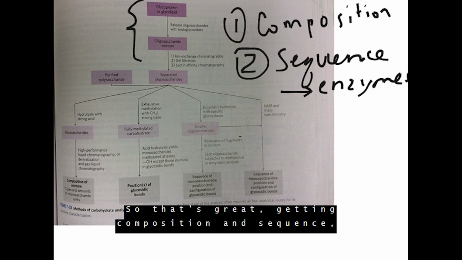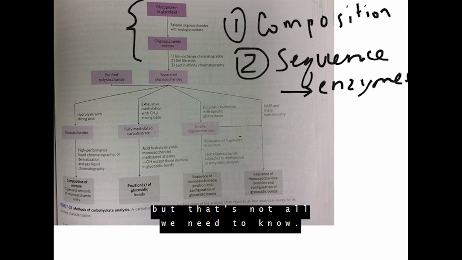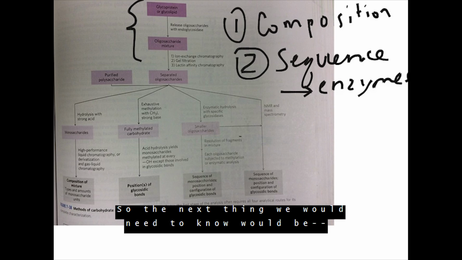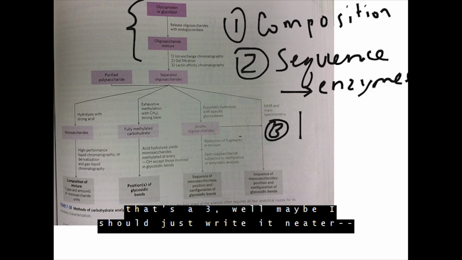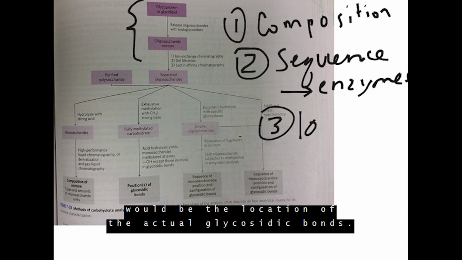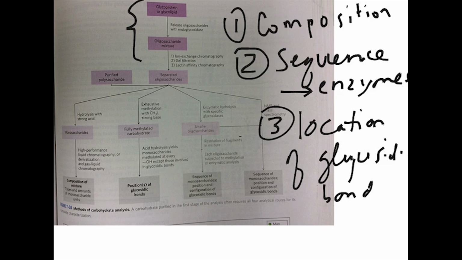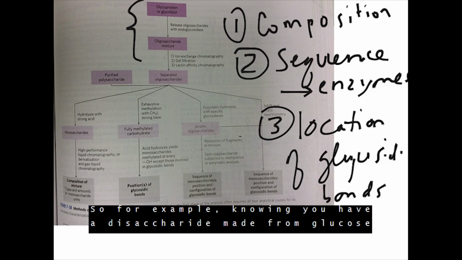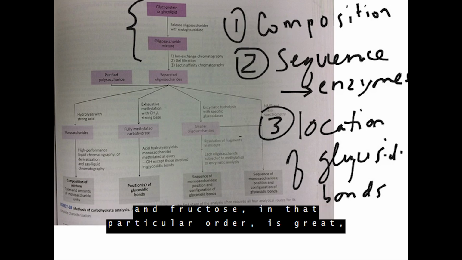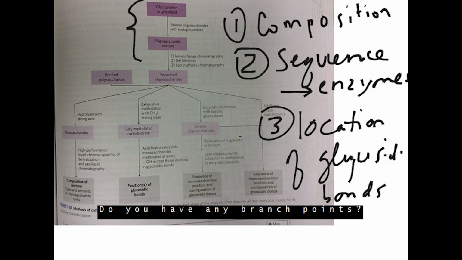So that's great, getting composition and sequence, but that's not all we need to know. The next thing we would need to know would be the location of the actual glycosidic bonds. So for example, knowing you have a disaccharide made from glucose and fructose in that particular order is great. But you also need to know which carbons are involved. Do you have any branch points?